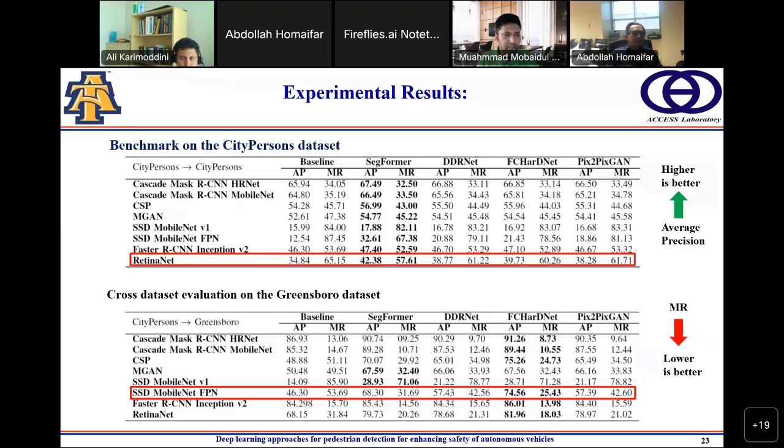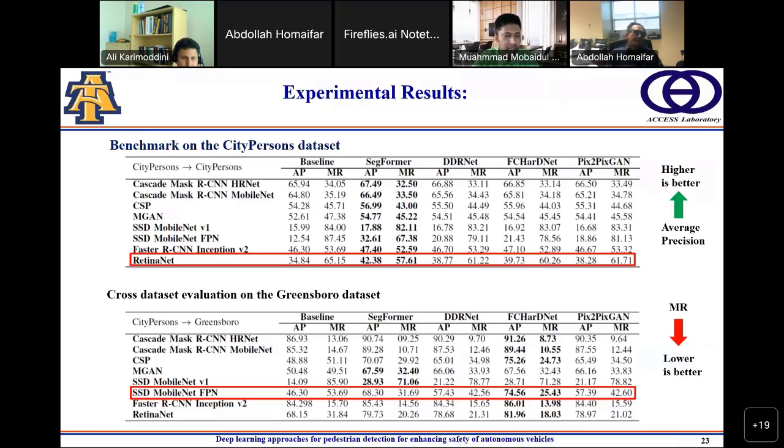After applying this fusion mechanism with SegFormer, it increased from 34.84 to 42.38. And the miss rate, which was 65.15, decreases to 57.61. So this table basically shows the detection result of our fusion mechanism.